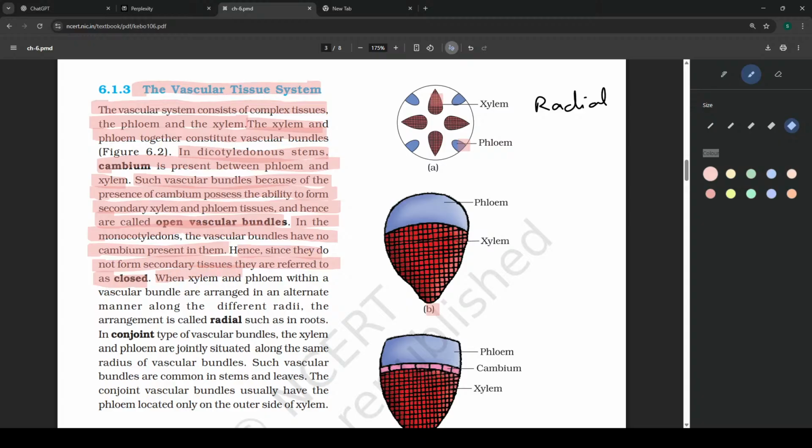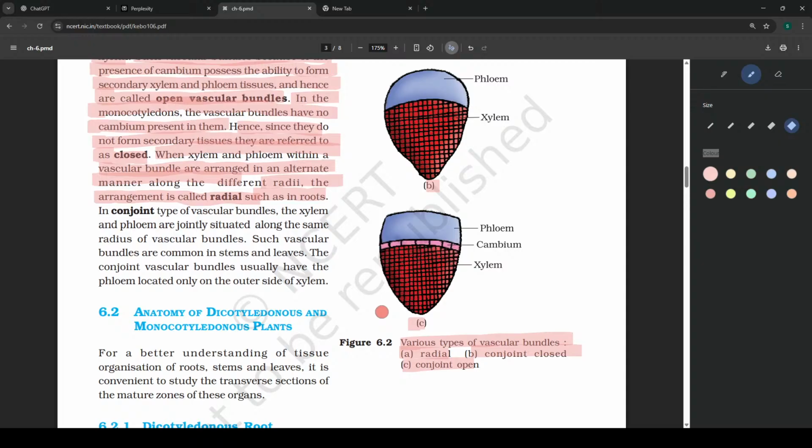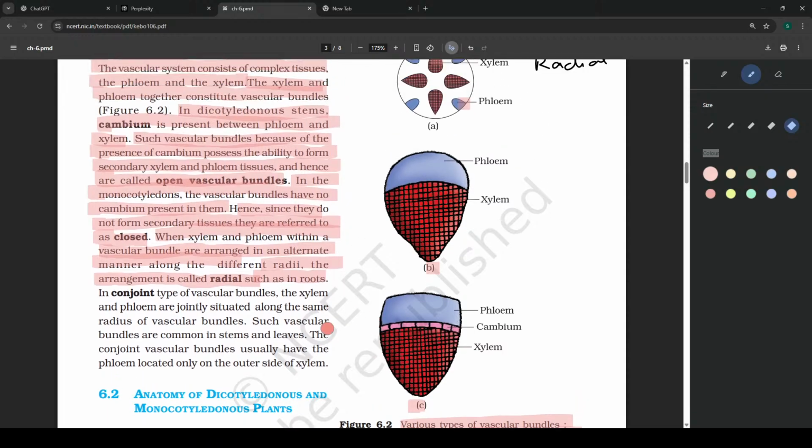Absence of cambium. When xylem and phloem within a vascular bundle are arranged in an alternate manner along the different radii, the arrangement is called radial, such as in roots. Okay, what they are saying is, the conjoint closed and open we saw.